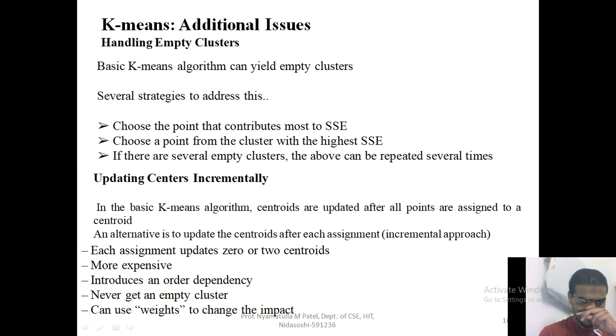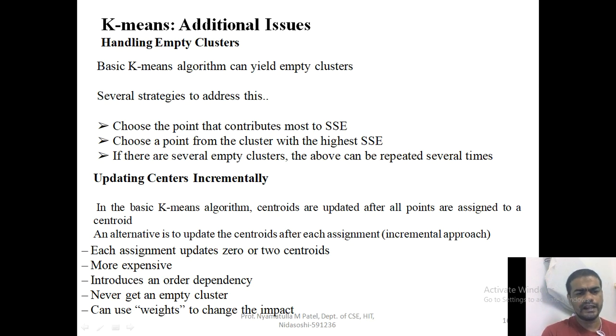If there are several empty clusters, the above can be repeated several times, going on repeating until no empty clusters remain, so that all clusters have a good number of points with similar properties and no cluster is empty.